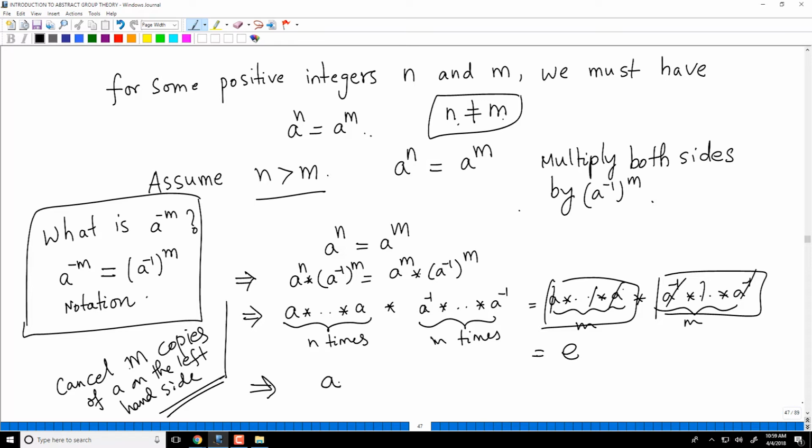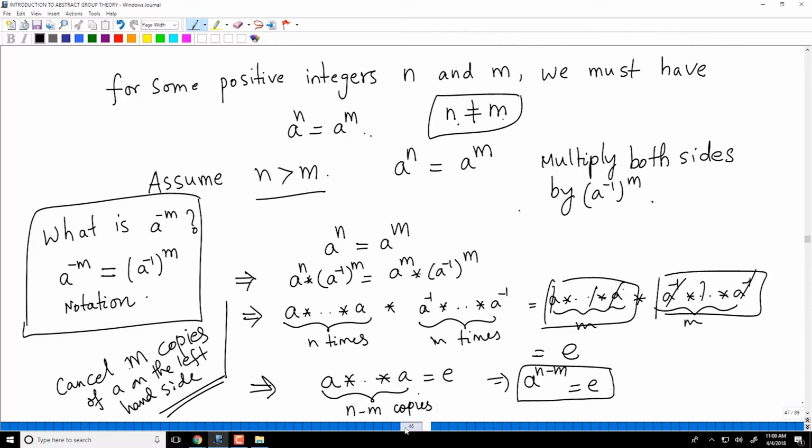So, the left hand side is e, and the right hand side, after cancelling m copies of a from here, how many will be left? We will be left with n minus m copies of a. Okay. So, that means a^(n-m) is e.